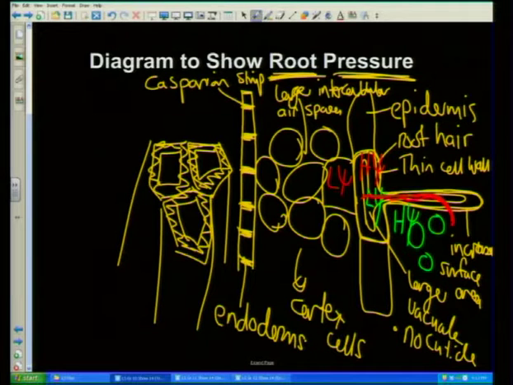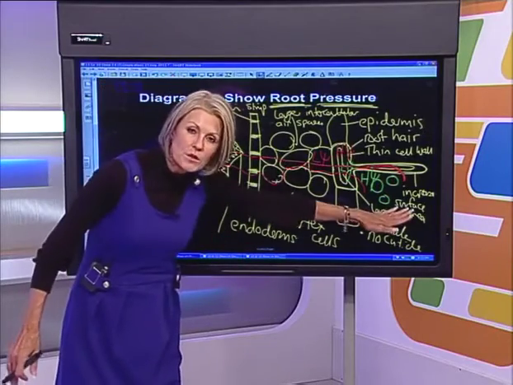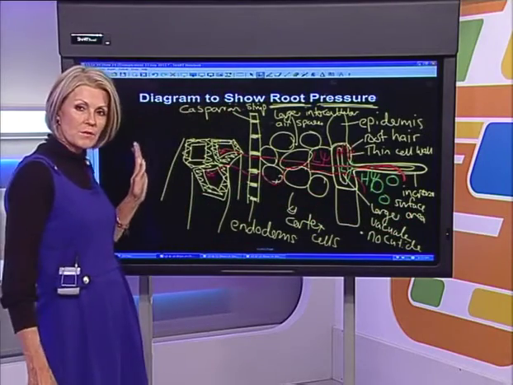So the water will either move through the cells and into the xylem, or it'll move into the root hair and along the cell walls and through the intercellular air spaces to the xylem. Either way, the water is going to move from a higher water potential to a lower water potential.